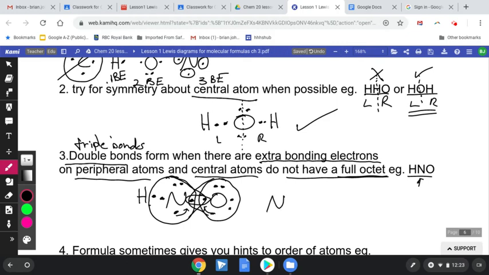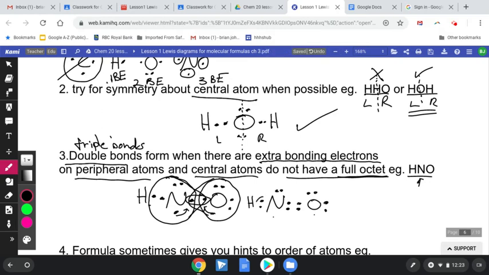So what would this look like? So here was our first bond between oxygen and nitrogen. And I took that second bonding electron on each of these and swung them to the center to make a double bond.